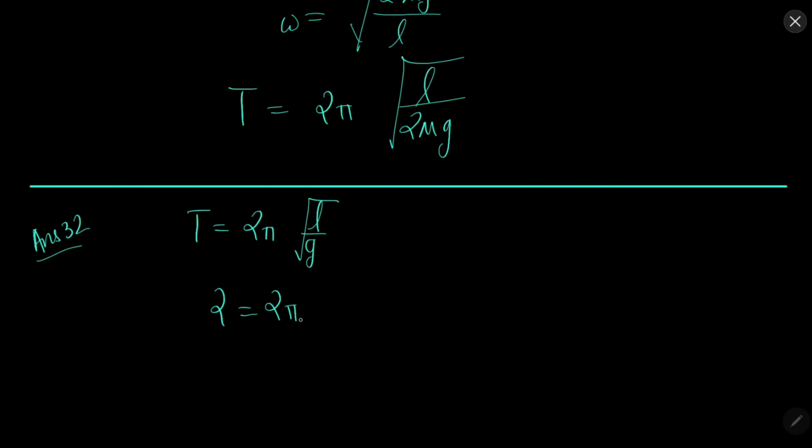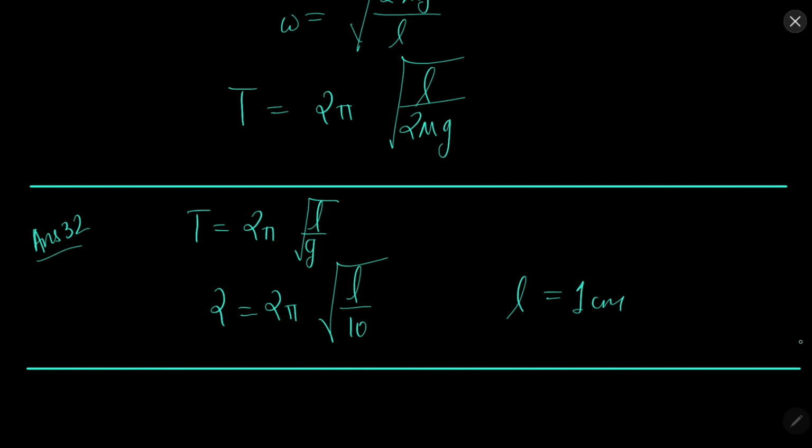So 2 equal to 2 pi root L over pi square, which is approximately 10. So L over 10. So the length will come out to be around 1 meter. Pi square is approximately 10.